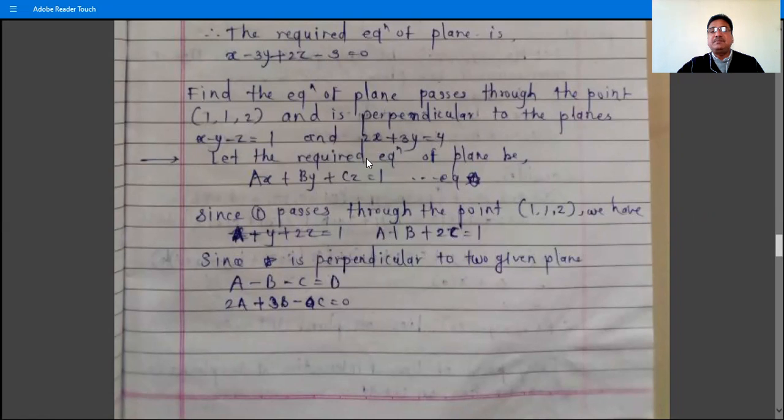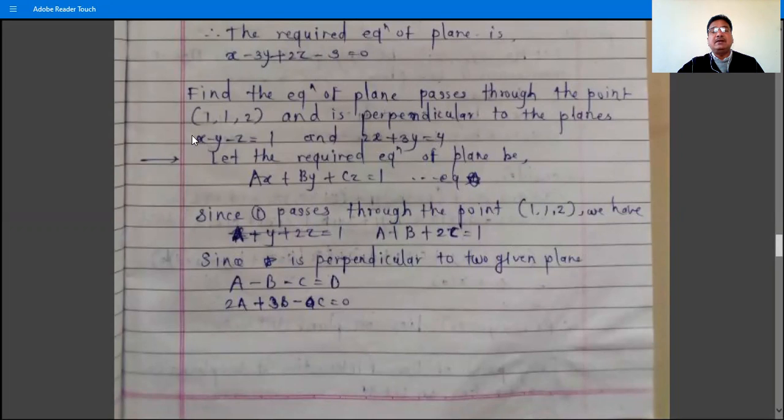Then, since this required plane is perpendicular to both planes, we use the condition of perpendicularity of two planes: a1 a2 plus b1 b2 plus c1 c2 equals 0.